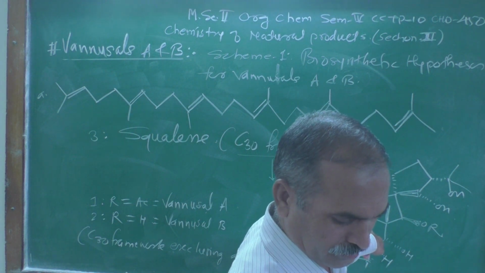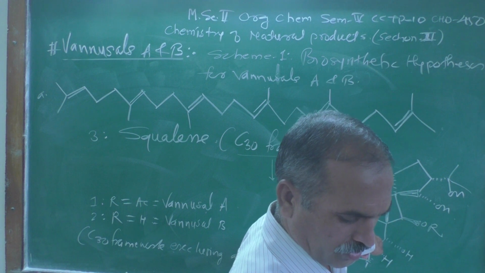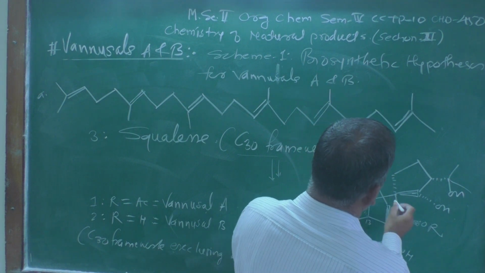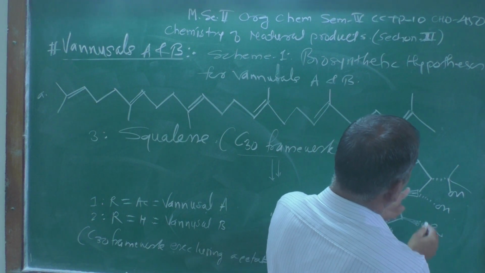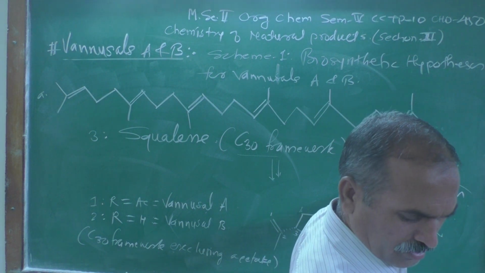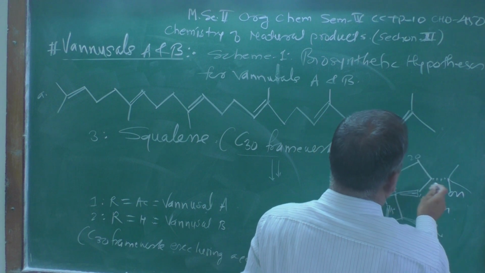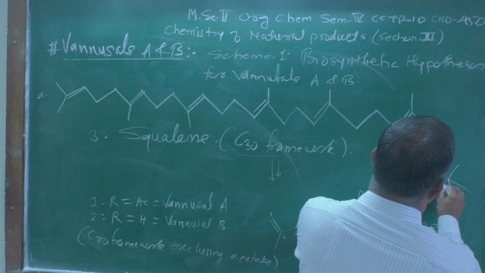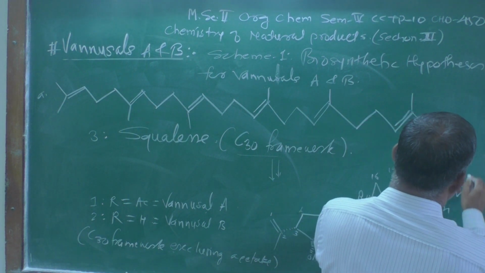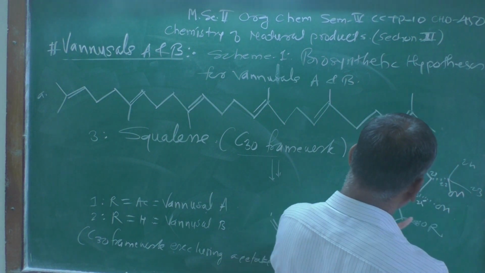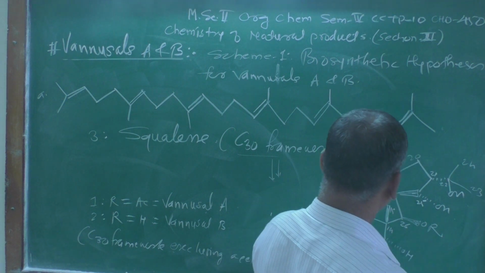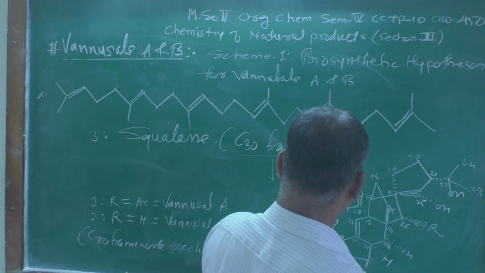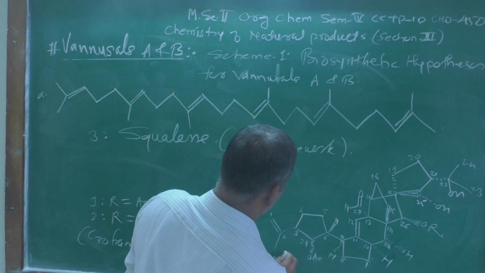After 13, then 14, 15, 16, 17, then 18, 19, 20, 21, after 21, 22, then 23, 24, this will be 25, then 26, this will be 27, 28, this will be 29, and this is 30.